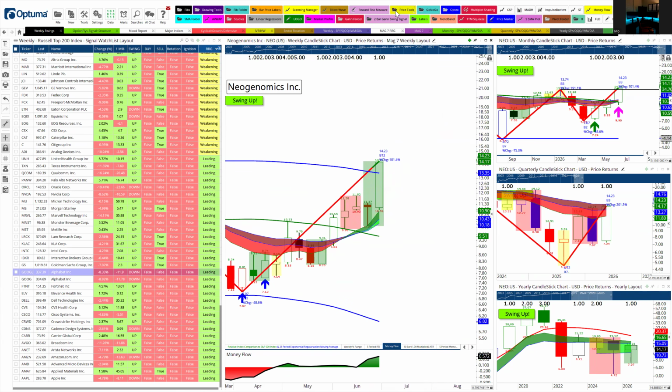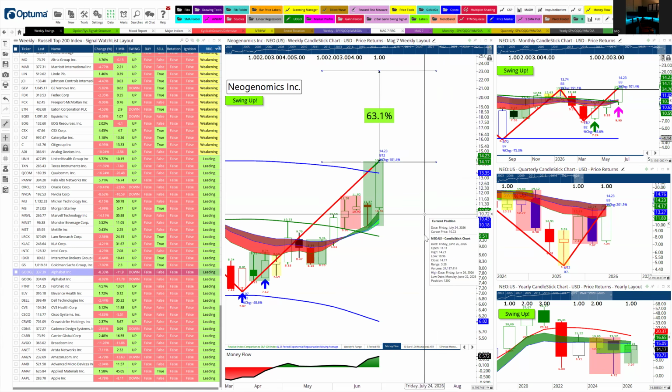If it goes from here, 23 would be my target. I call it roughly 60, give or take. That would be it. It looks good, I like this one.